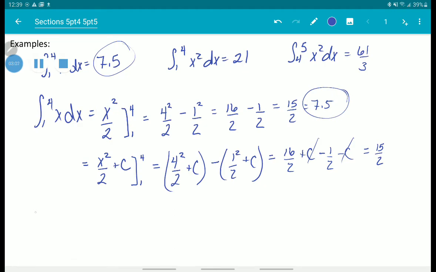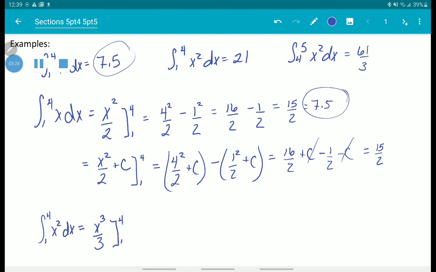Let's look at that other one. Integrating from 1 to 4 of x squared dx. So, the rule is you integrate x squared. That's x cubed over 3. If I was looking for an indefinite integral, it would look like this. That's not what I'm looking for. I'm looking for a number that represents this definite integral.